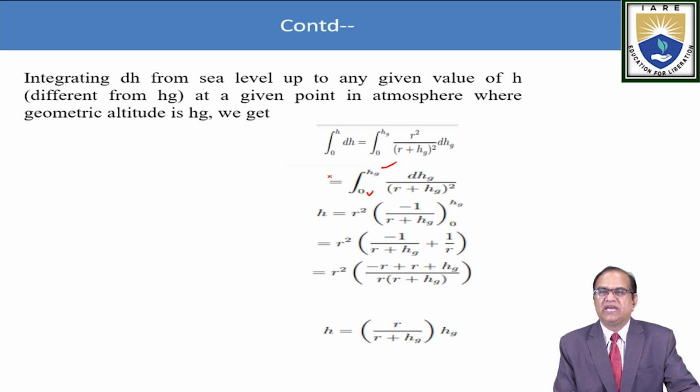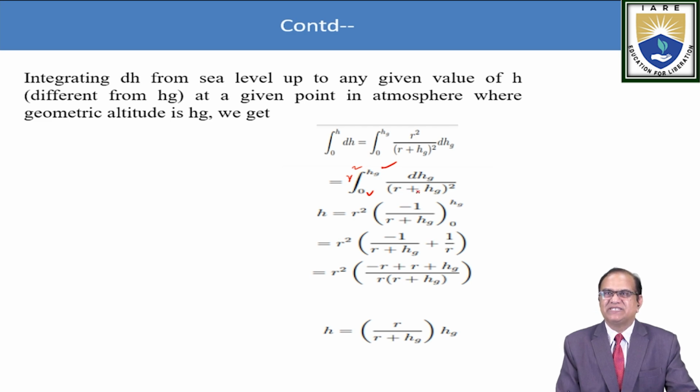So here h is equal to r square, and we get minus 1 by r plus hg, evaluated from 0 to hg, which gives r square times minus 1 by r plus hg plus 1 by r.